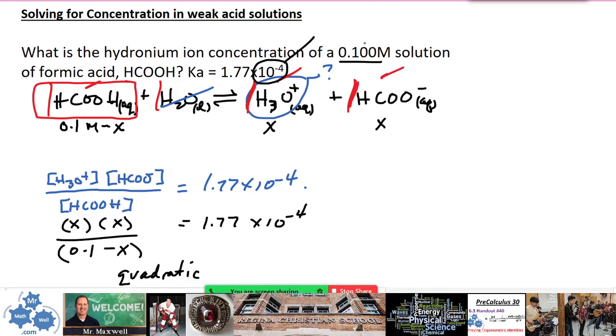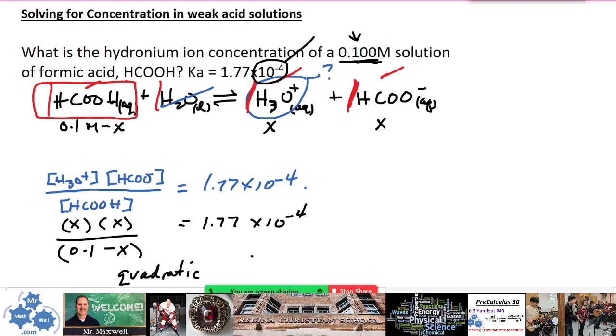Now, if this was 0.00001, then they would be pretty much the same, and we can't omit x. But because this original concentration is many more times bigger, it's kind of like taking $1 billion and losing $1. Well, if you have $1 billion and you lose $1, you don't really notice it.